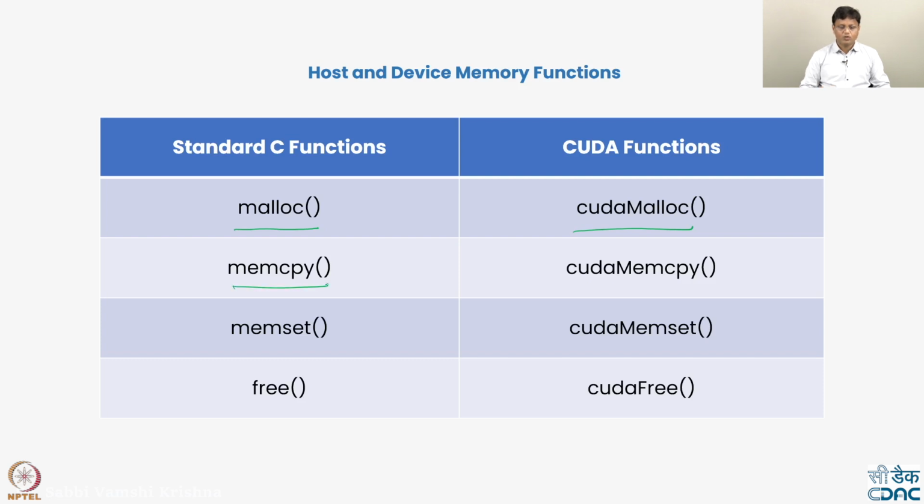The memcpy command is used to copy data from source to destination, and similarly the cudaMemcpy function copies data from source to destination. The same goes for memset, and there is also free to free the memory space, and cudaFree.